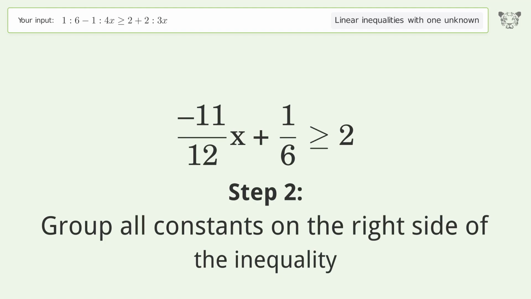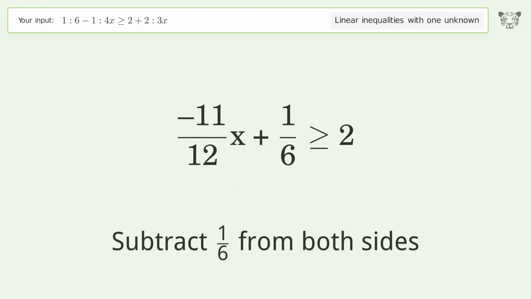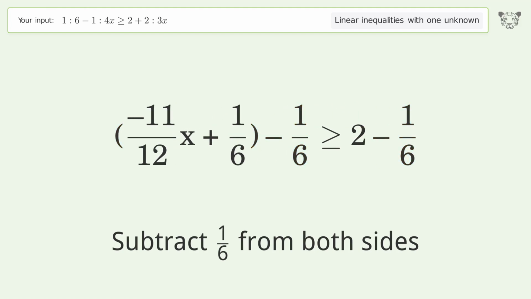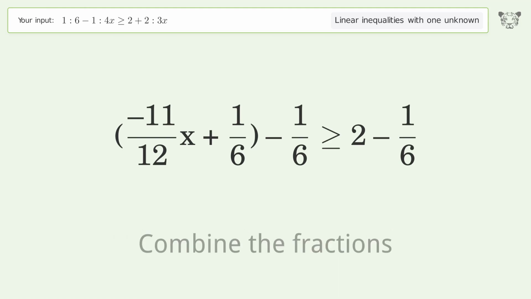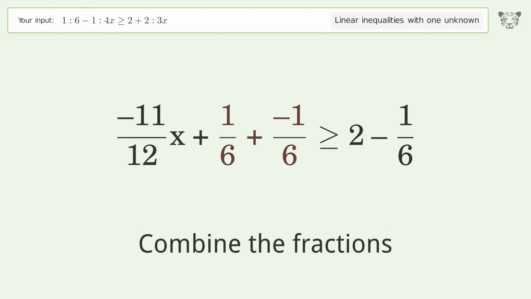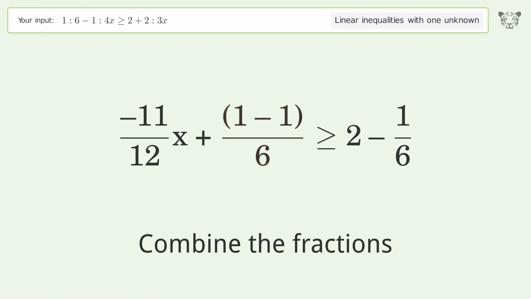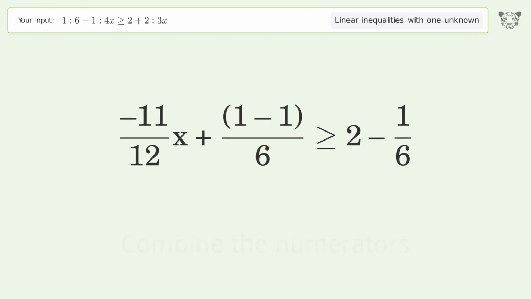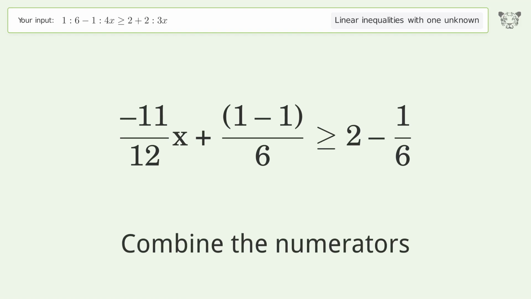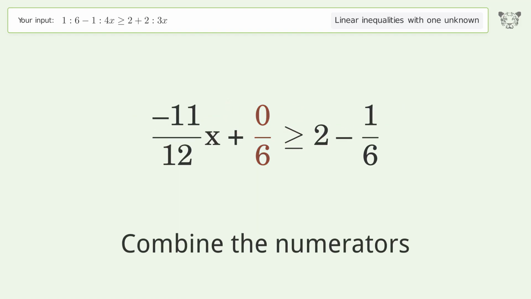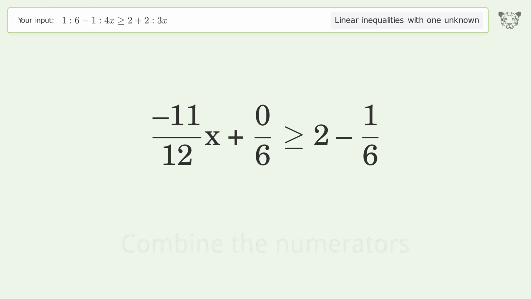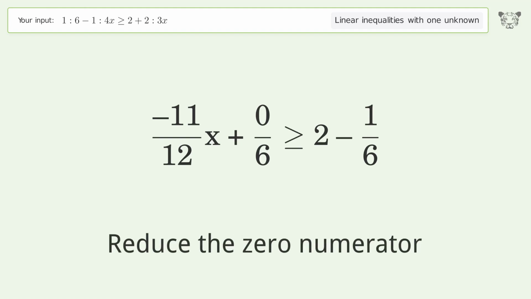Group all constants on the right side of the inequality. Subtract 1 over 6 from both sides. Combine the fractions. Combine the numerators. Reduce the zero numerator.